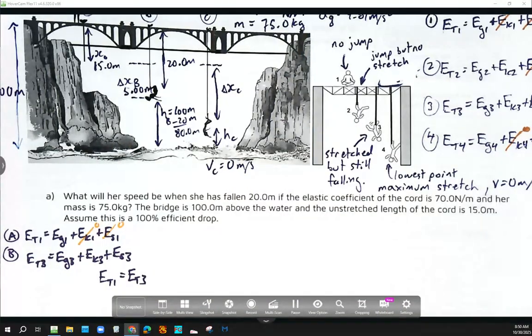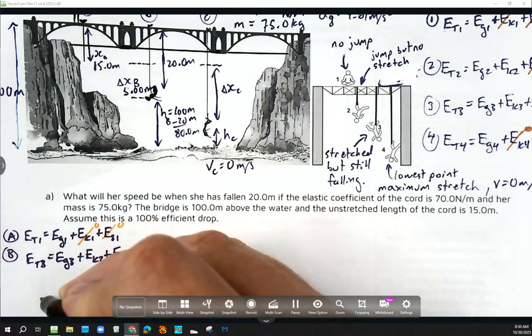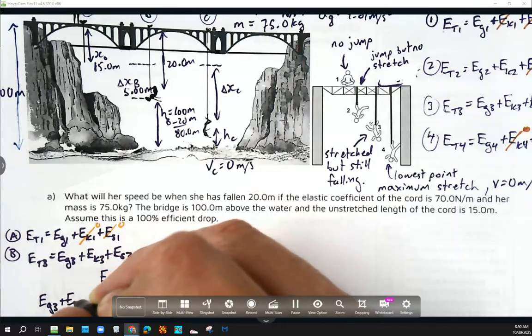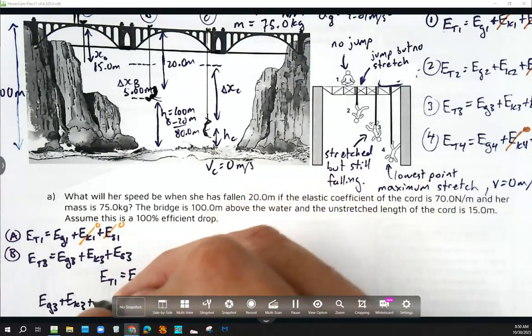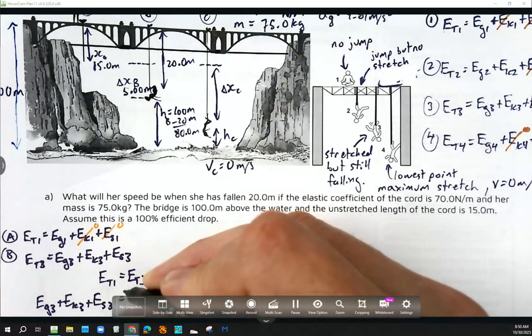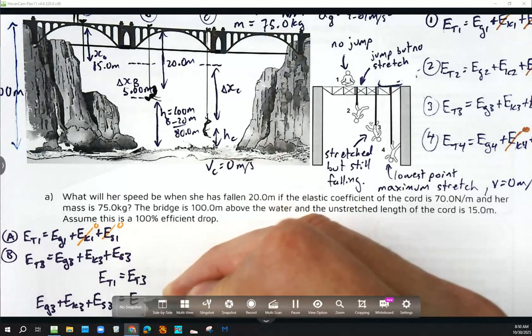That means that we can set each of these equal to each other, and say EG3 plus EK3 plus ES3 equals EG1.